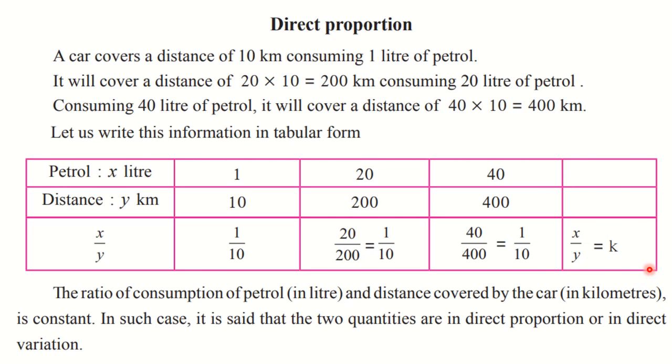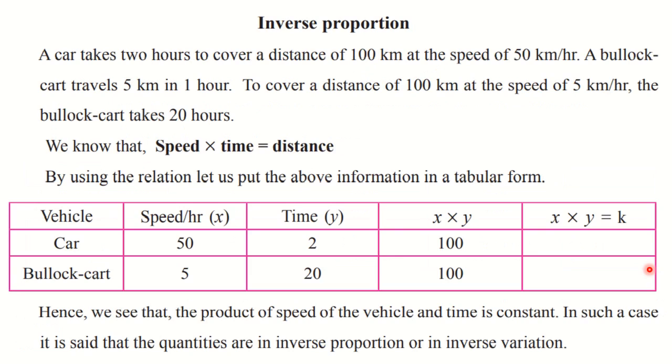Okay, let us see now the inverse variation or inverse proportion. The same example we will take of the distance, but here in place of the liters of petrol we are taking the speed. Okay, a car takes 2 hours to cover the distance of 100 kilometers at the speed of 50 km per hour.